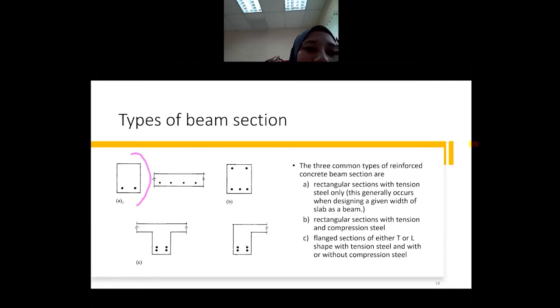So, you see here, we have a rectangular section with tension steel only. What does that mean? If you see these two circles, that two circles is actually the tension steel, or we also call it the main bar, because it is the main bar, the important bar. So it is the tension steel.